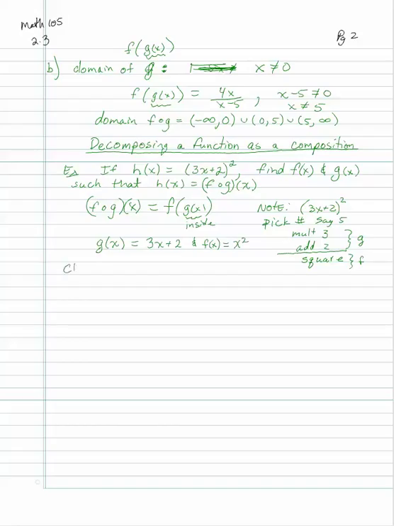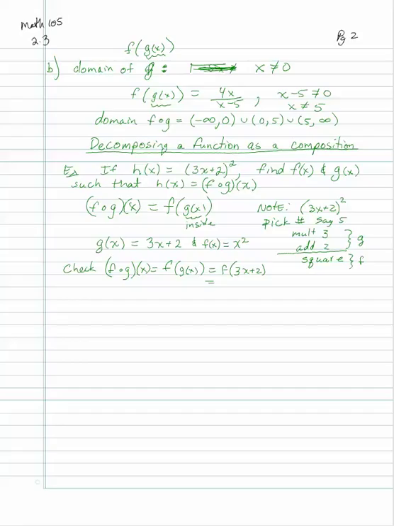So now let's do a check just to see if we did that right. Let's see if we had f composed with g of x, the f of g of x. Then you'll see that g of x is the 3x plus 2.